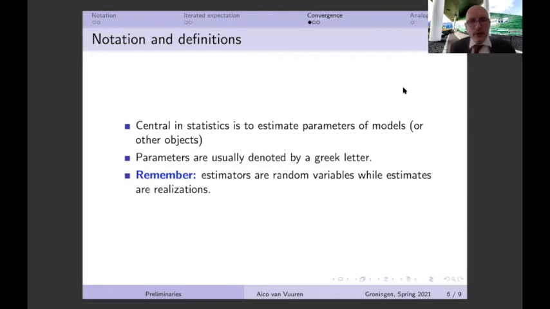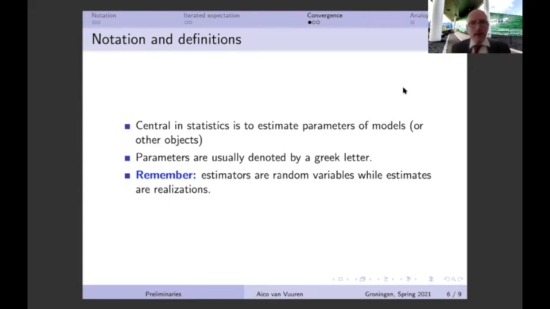Okay, let me go on with the next topic. And let me introduce this topic by saying that very central in statistics, but of course also in econometrics, is to estimate parameters of models. Well, this might not always be real parameters. They could also be objects that are derived from these parameters.